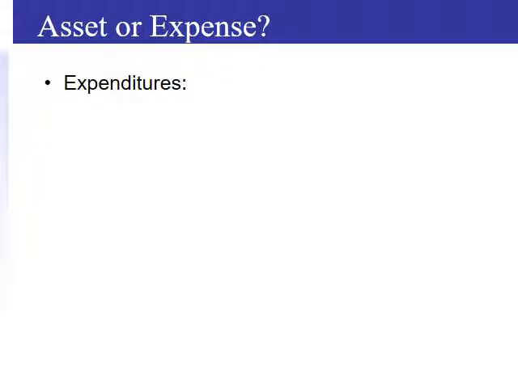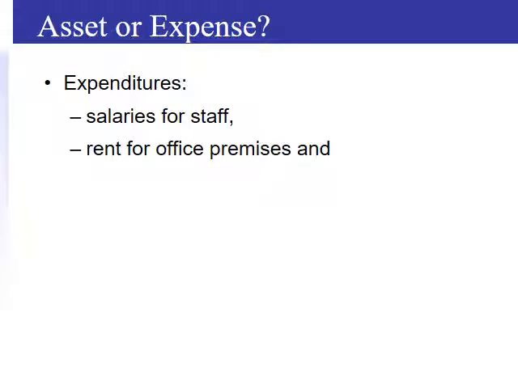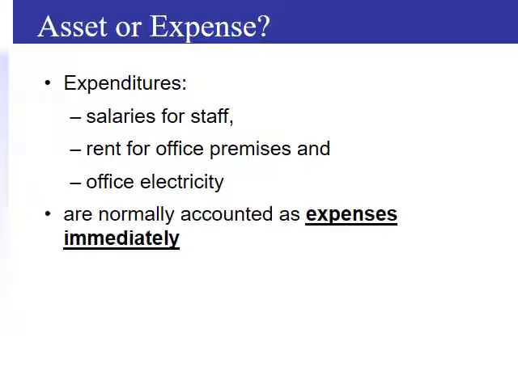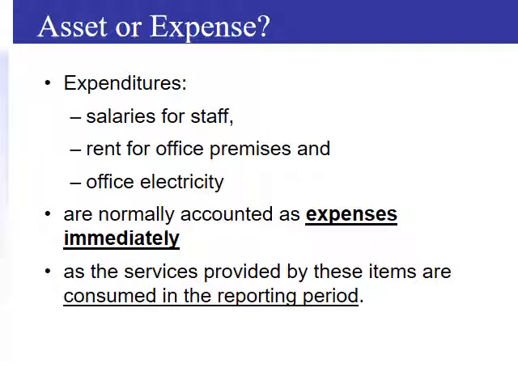Expenditure such as salary for staff, rent for office premises, and office electricity are normally accounted as expenses immediately. So the moment you use them up, you straight away account them as expenses, as the service provided by these items is consumed in the accounting period.